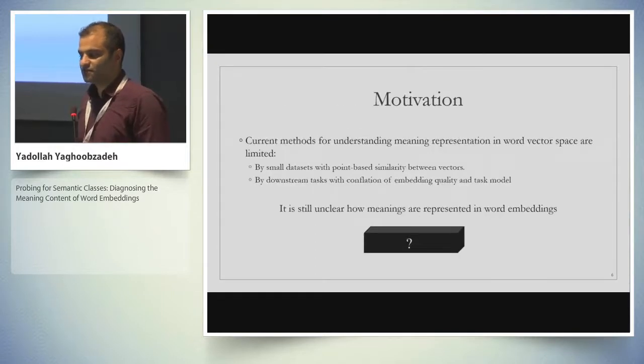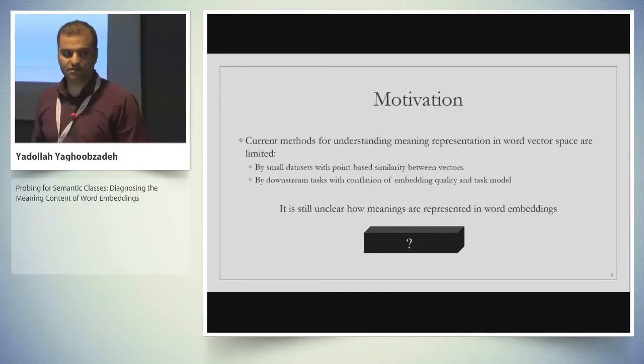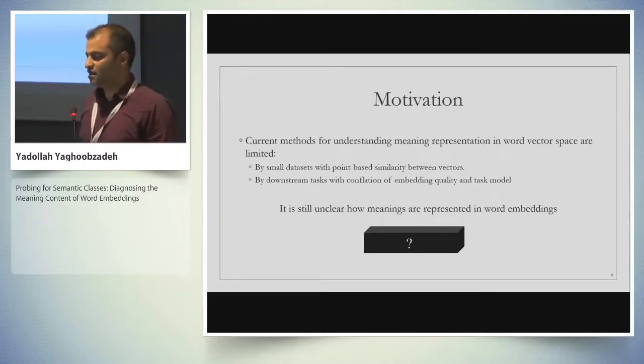Our motivation is that the current methods for understanding meaning representation are limited by small data sets, by the use of point-based similarity between vectors, and by downstream tasks in which we conflate the quality of embeddings with the quality of our task model, the architecture that does the task. So it is still pretty much unclear how the meanings are represented in word embeddings.